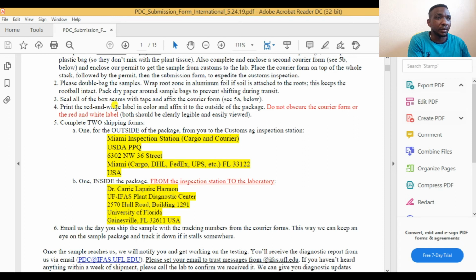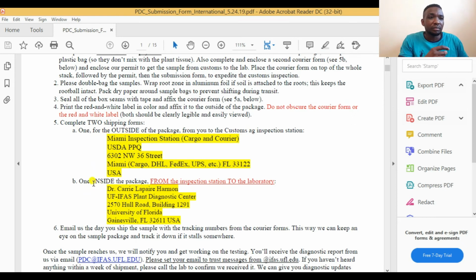So right here, there's a print red and white label in color and affix it to the outside of the package. Do not obscure the courier form and the red and white label. And the courier form is the form that you develop to send the package, right? So those two labels go outside of the box, right? The red and white label and the form sending it from Turks and Caicos to Miami, right?